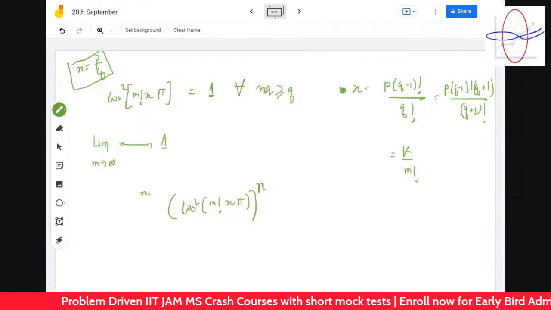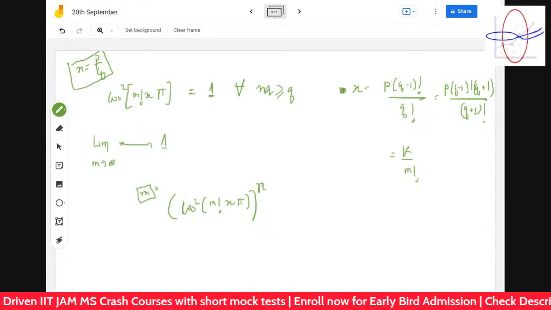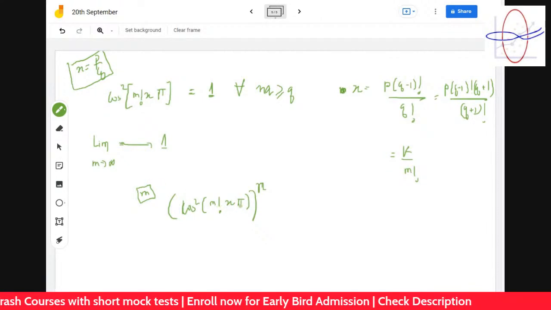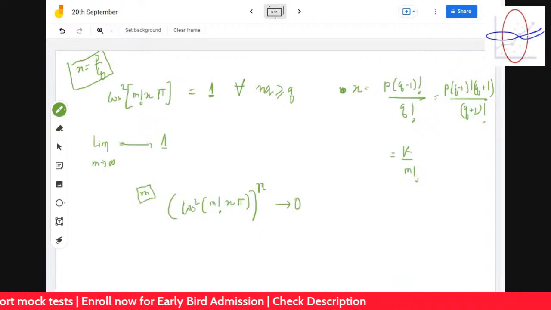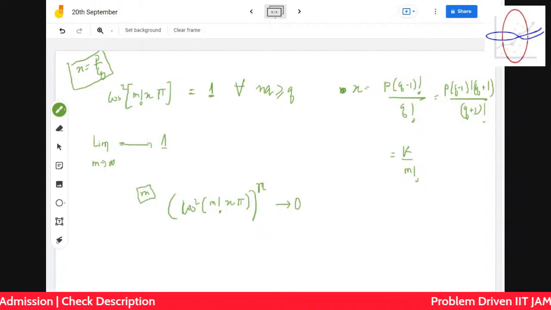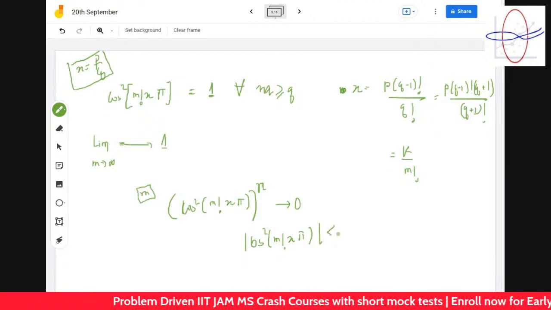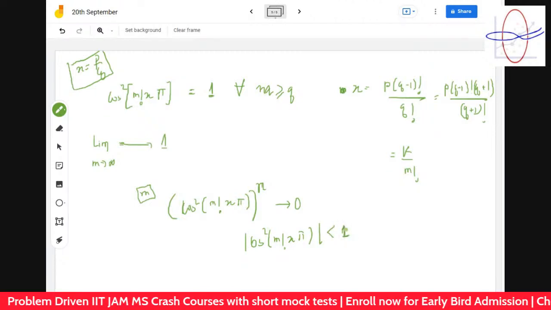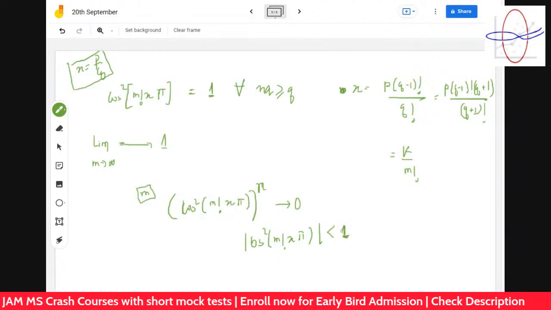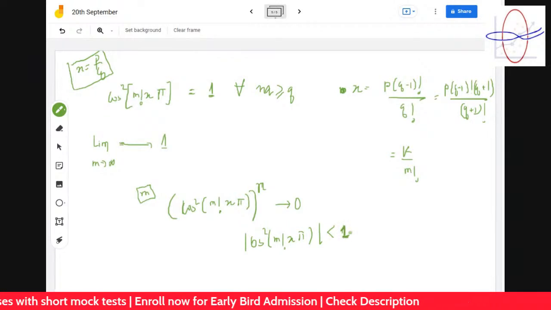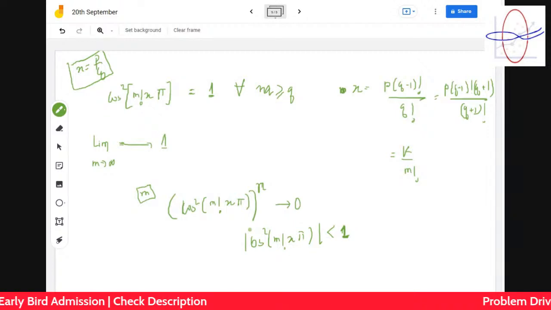If you fix an m, this will always go to 0. Understand this very carefully. If you fix an m, this will always go to 0. Why? Because cos square m factorial x pi is always less than 1, and if you put it to the power n, this will go to 0.